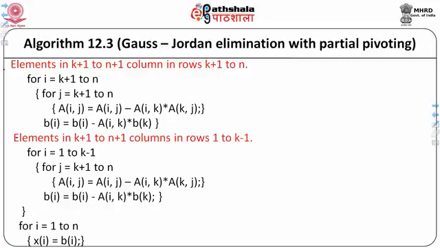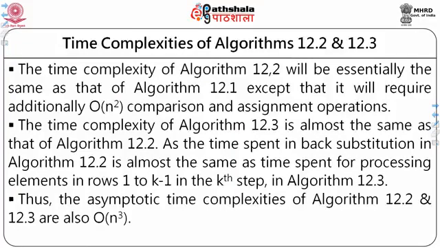So, these formulas are applied not only to the elements below the kth row, but also above the kth row, and then your solution will be nothing but x I equal to b I. So, the Gauss-Jordan method will directly give me the solution, and if you look at the time complexity of this algorithm 12.2, it will be essentially the same as that of algorithm 12.1, except that it will additionally require order n square comparisons and assignment operations.